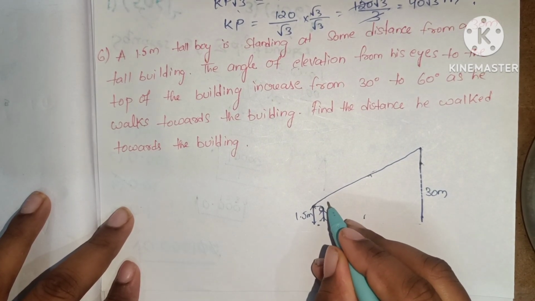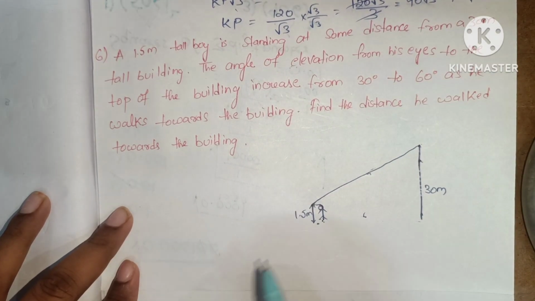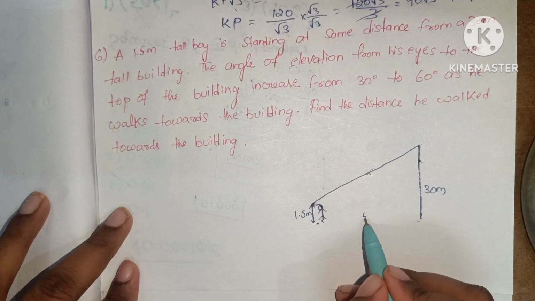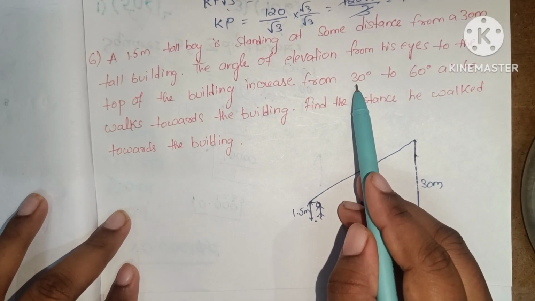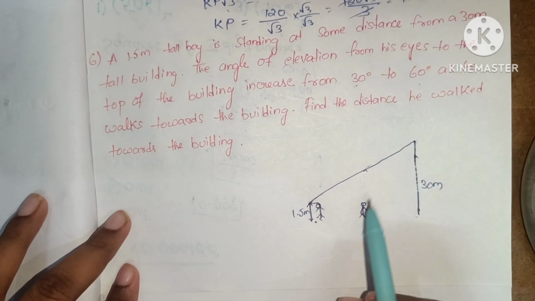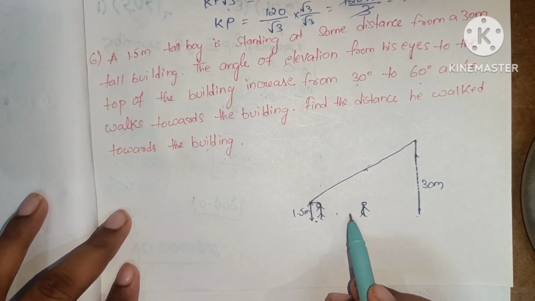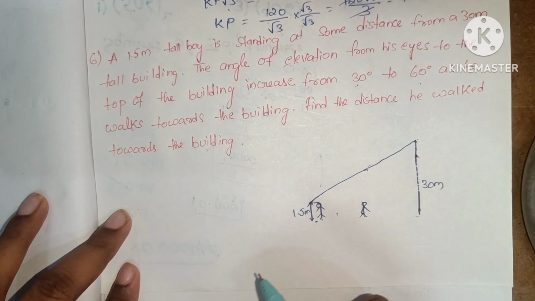Then here one angle of elevation he created. Then what happened now? He walks towards the building. When he walks towards the building, the angle of elevation increased from 30 to 60. As I said, as you go closer to the building, the angle of elevation will increase because you bend your head more up to see the object.